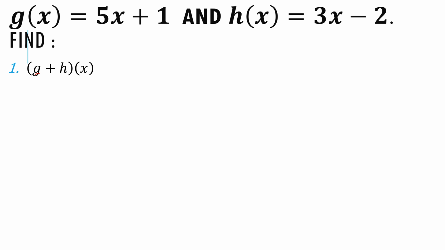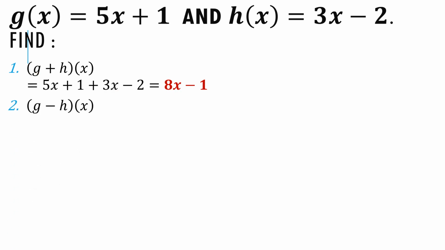And then, mag-a-add tayo ng h. Ang h natin is 3x minus 2. So, magiging 5x plus 1 and then plus 3x minus 2. Combining like terms, so 5x plus 3x, magiging 8x. And then, 1 minus 2, the answer is negative 1. This is the final answer, 8x minus 1.